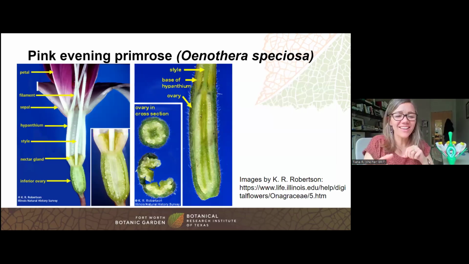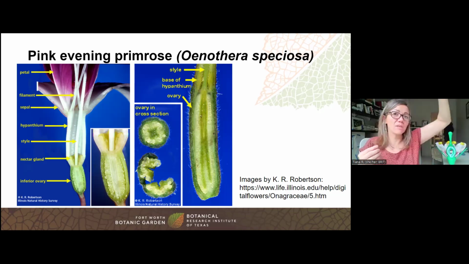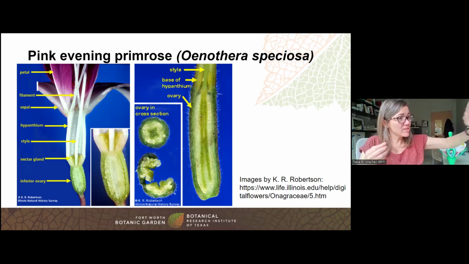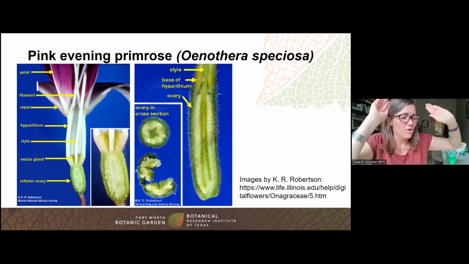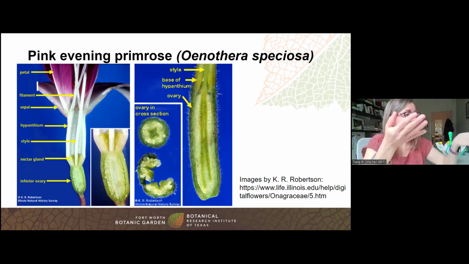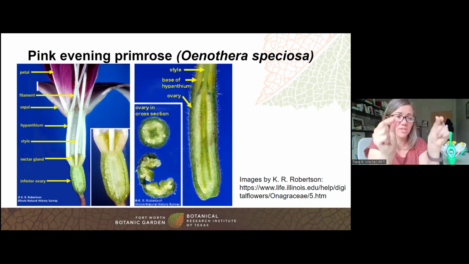All right, now we're talking about the last part of the gynoecium, of that carpel, that pistil. We're talking about the ovary here. So this diagram's also maybe a little bit better. And you can see that it has been longitudinally sectioned. Can you all see there that the sepals, the petals, even those stamens appear to be fused into a thicker section right there, which is the white part, the hypanthium.